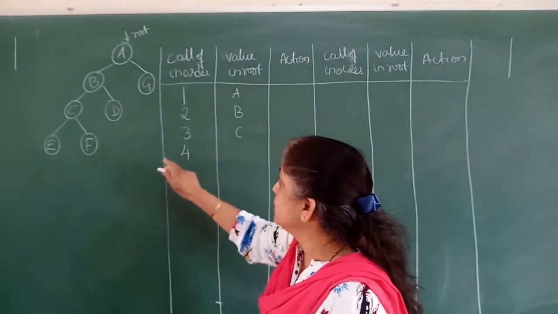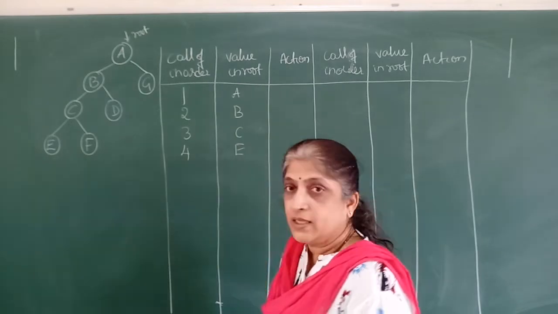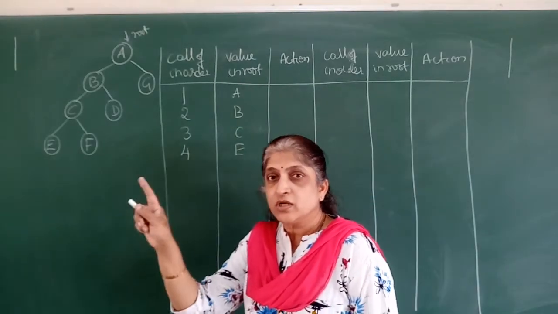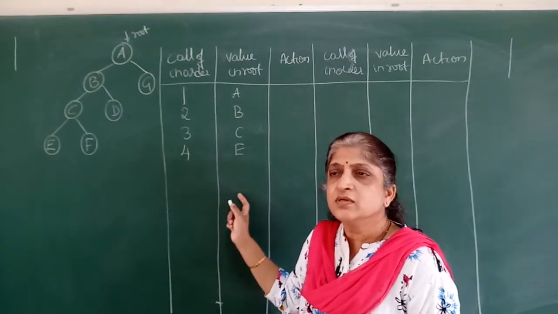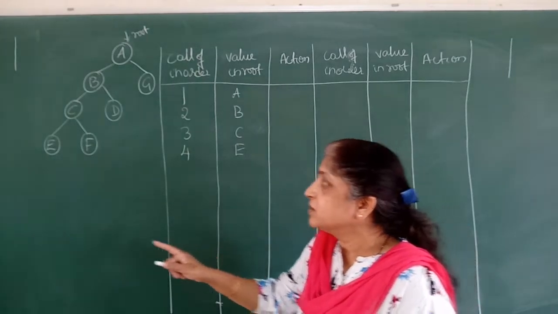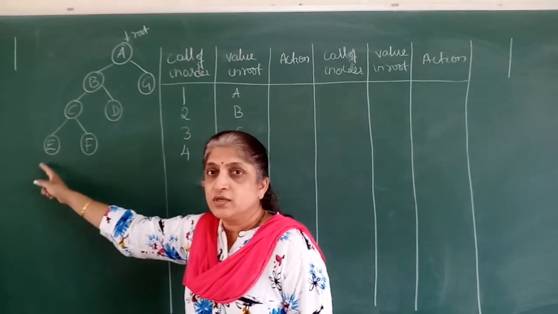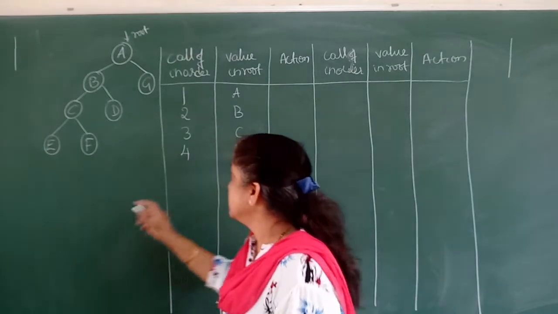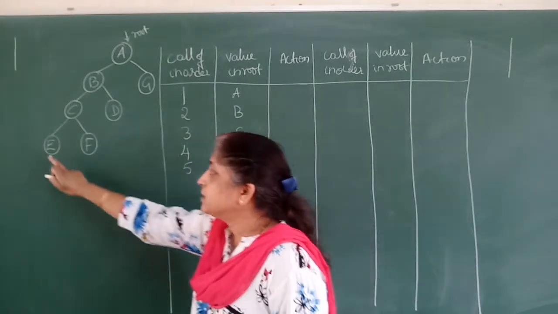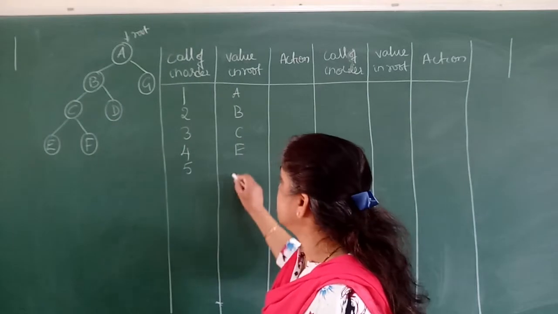In this call, root has the value E. Root is not equal to null, so again it enters the if block. This time it calls with the left child of E. This is the fifth call, and the value in root is null.